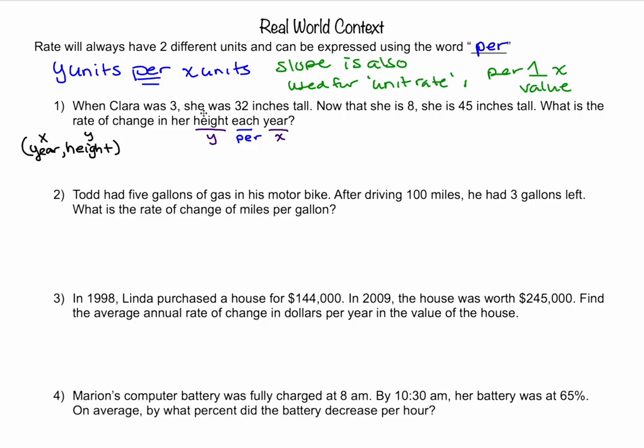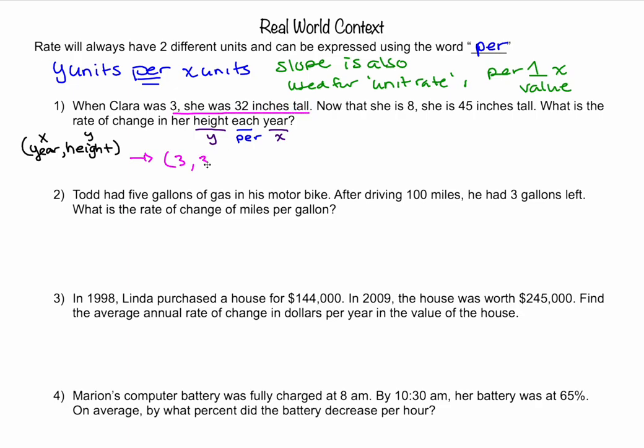Because we still need to find the coordinates so we can do our change in y divided by our change in x. So with this information, we can write out two different coordinates because we have two different pieces of information. The year, how old she was, 3, and her height was 32 inches tall.